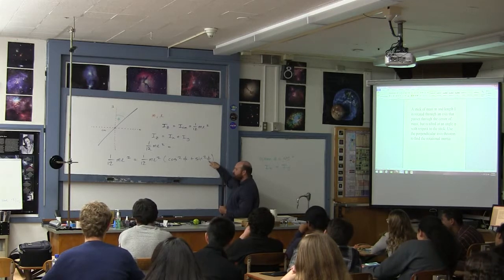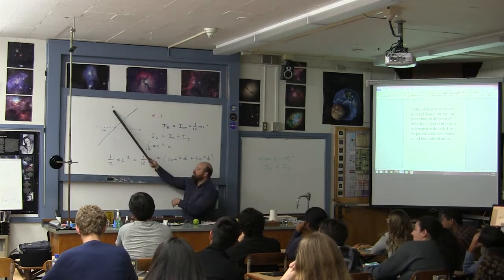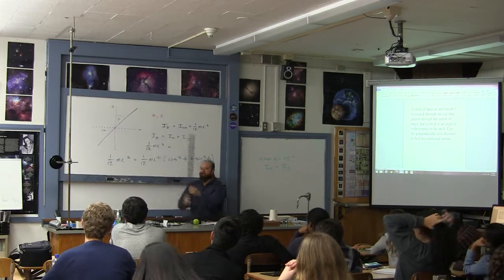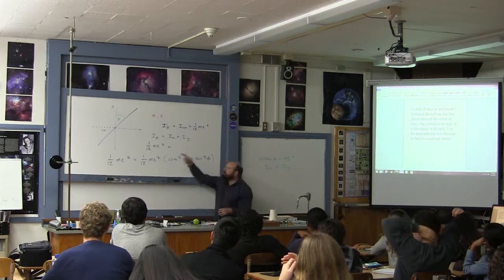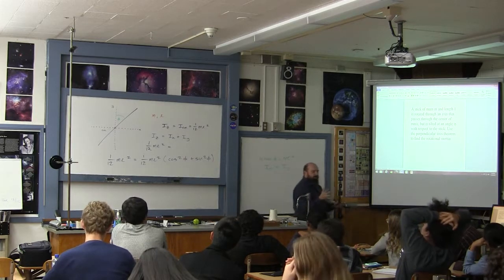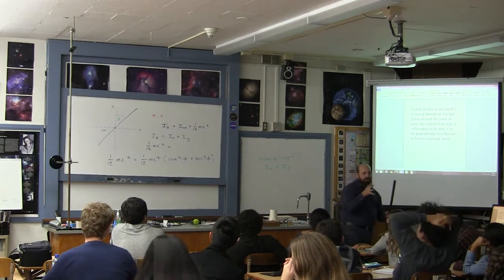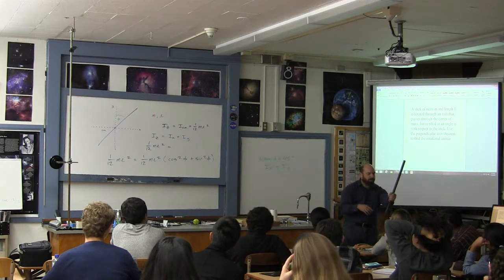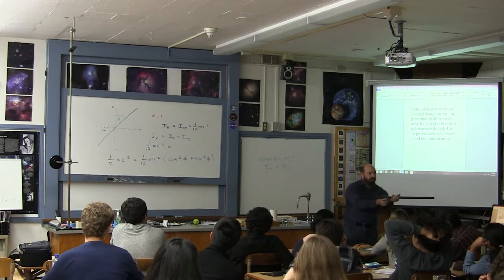So that's the I sub y, the sine squared term, if I rotate it like that. Now think if the phi, instead of being equal to 0, was instead 90 degrees. So if the phi was 90, then it looks like this.